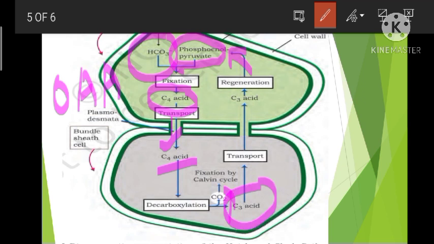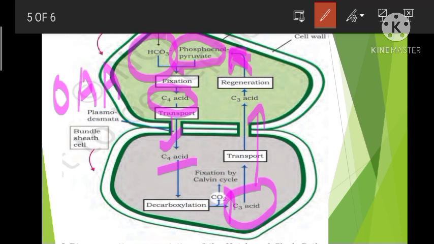What happens to this pyruvic acid? It will be transported back to the mesophyll cell, where it will be converted into phosphoenol pyruvate by utilizing an ATP molecule. In the mesophyll cell, this PEP will be ready to receive another carbon dioxide in the form of bicarbonate, and again the cycle can take place.